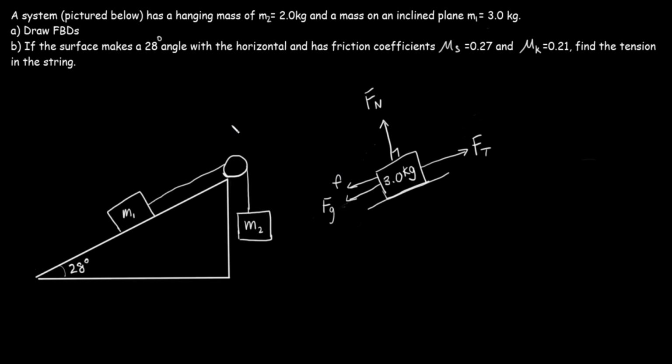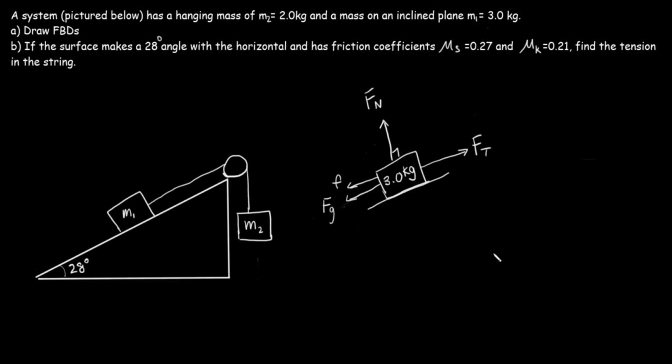Generally, in these questions, the whole system moves this way, or it could be stationary, or it could be going this way. But in general, the system goes to the right. So then friction opposes the direction of motion, so that's why in this case it's to the left.